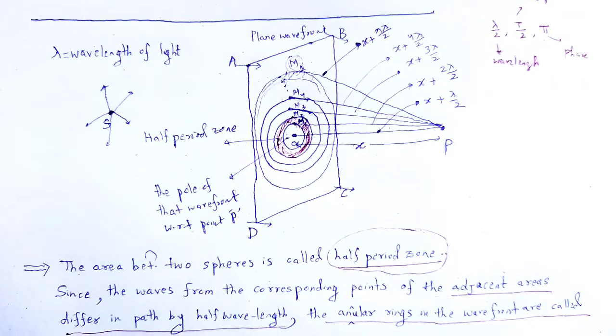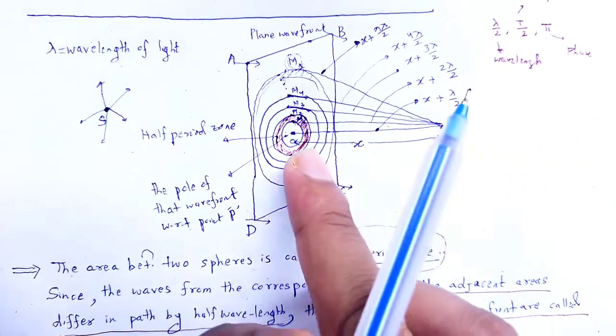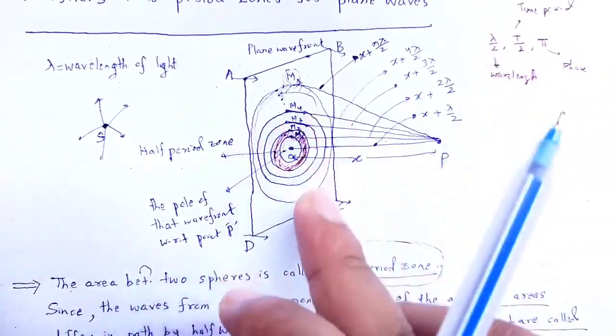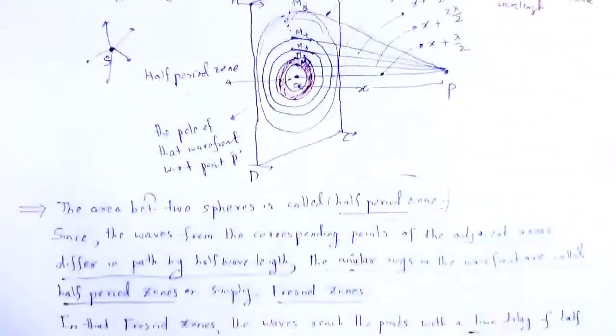What are the factors responsible for the amplitude due to that particular plane wavefront at point P?